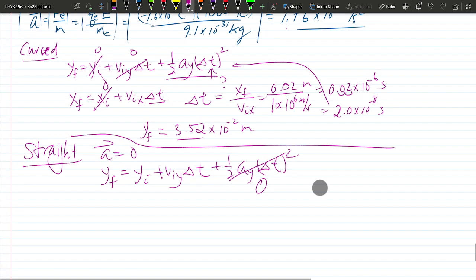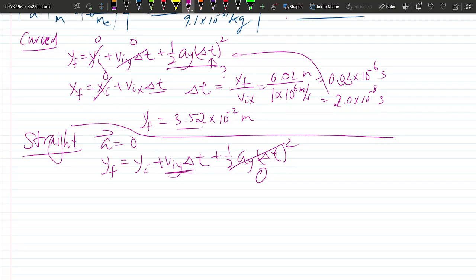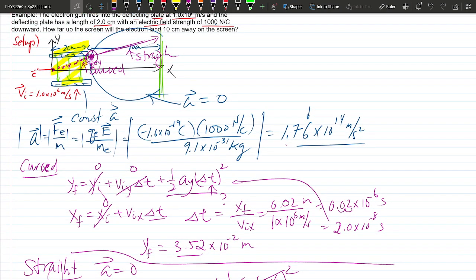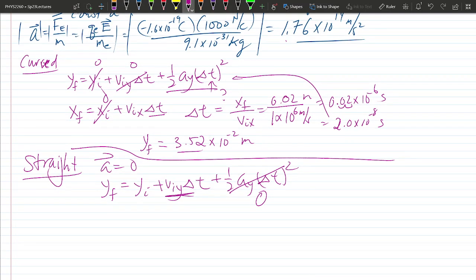That's nice. What is v initial? Anyone want to venture a guess? Is it 0 or not 0? It's not 0 anymore, because now it's going in a vertical direction also. So we have to calculate v initial and delta t, because y initial here is actually y final from the previous part.